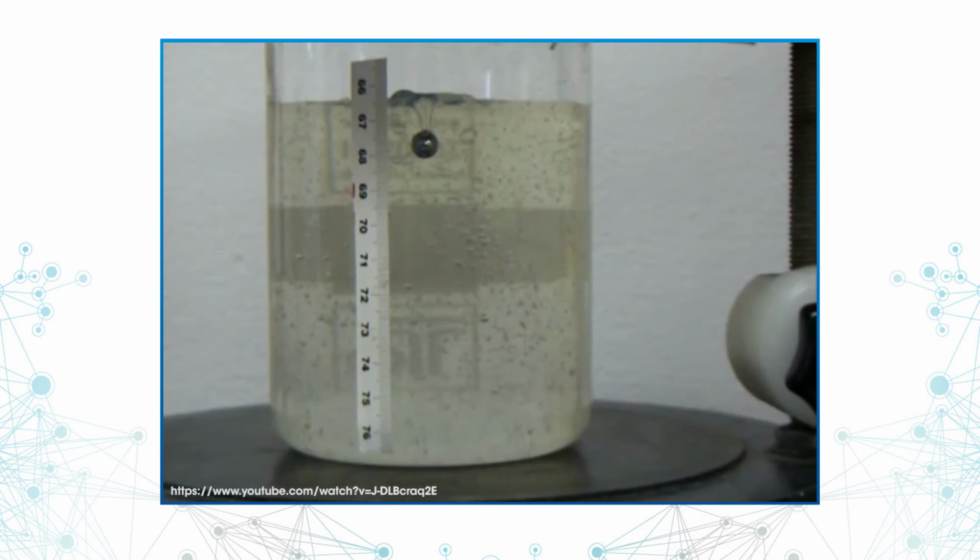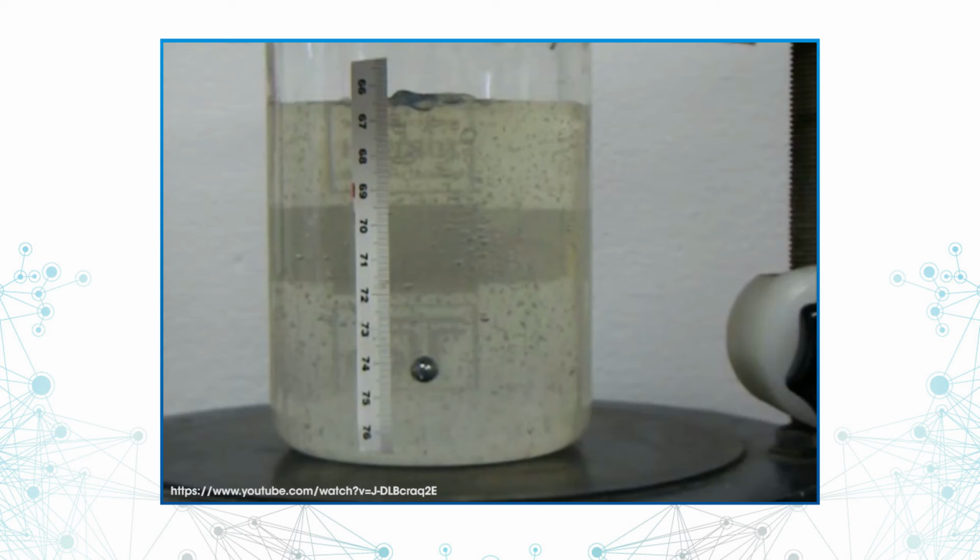So when we start the oscillation, the vibration, we can see that locally the viscosity of the material is reduced and therefore the steel sphere is going down. When we stop the vibration, the speed of descent will slow down, but will not stop immediately. That means the viscosity is increasing with time.